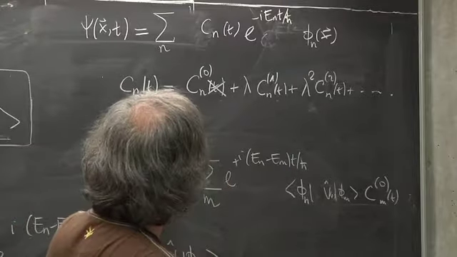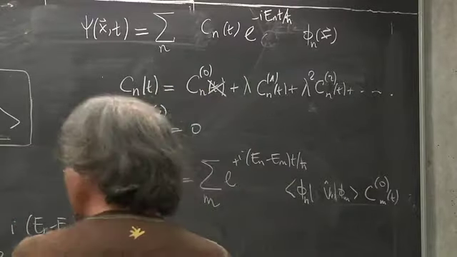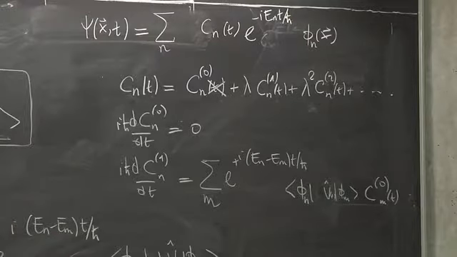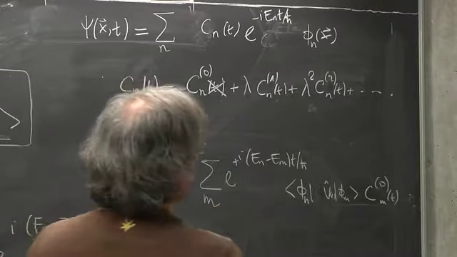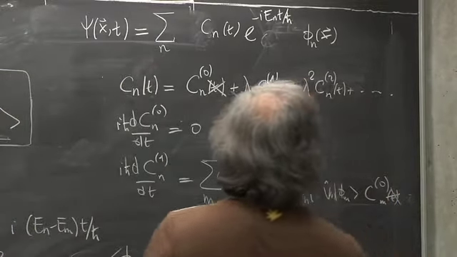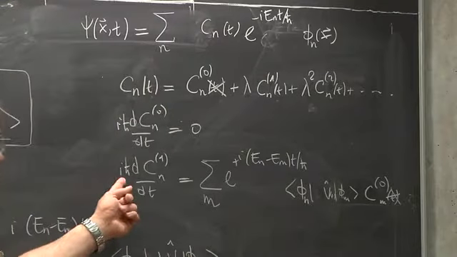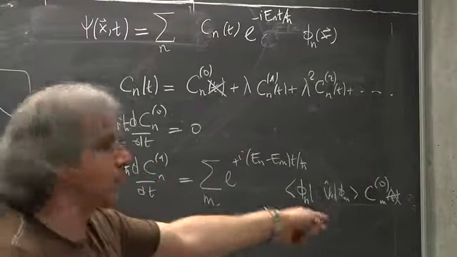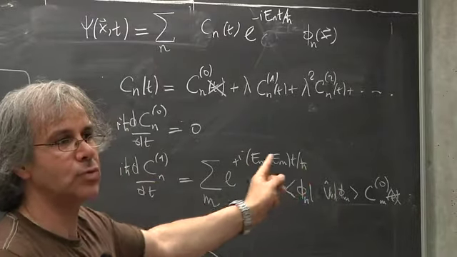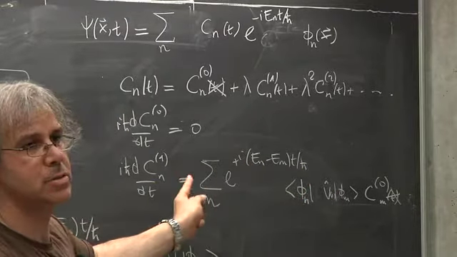So I determined the C0, I put it on the right-hand side, and I can get the C1 by solving this. And by the way, this doesn't depend on t. So can I solve this? Yes, because now C1 does not appear on the right. So how do I solve this?